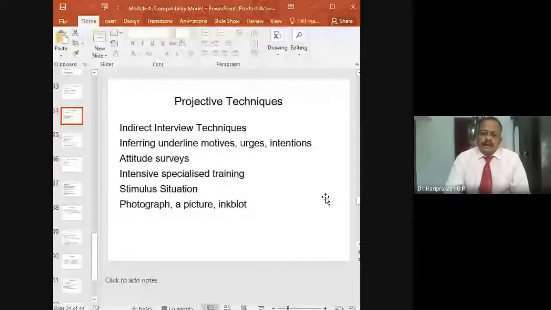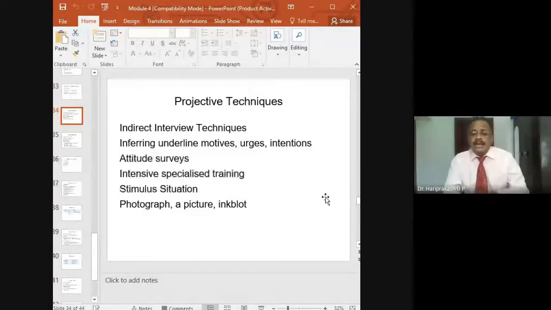Maybe a photograph is shown, and they are asked, what do you feel about this photograph? Every individual will tell something based on his own analysis. That is actually a reflection of his thoughts and attitude. Thereby they will try to analyze the individual's personality, intentions, motives. A photograph may be shown, a picture may be shown, a cartoon may be shown. An ink blot is a test.